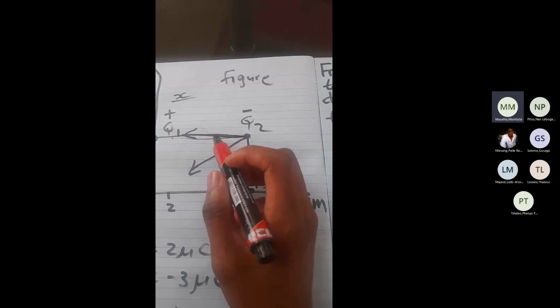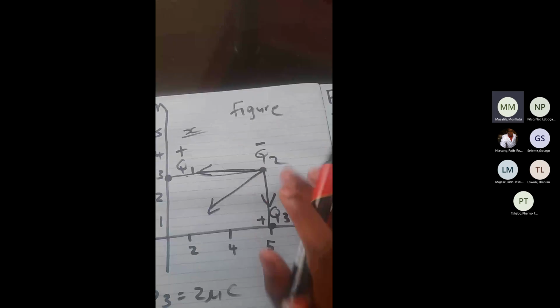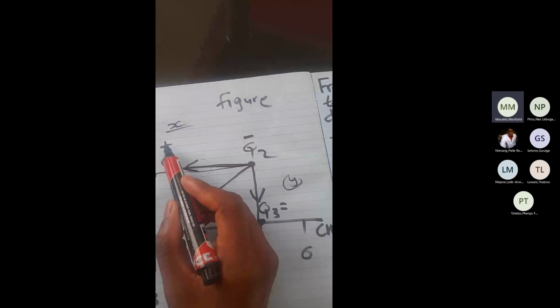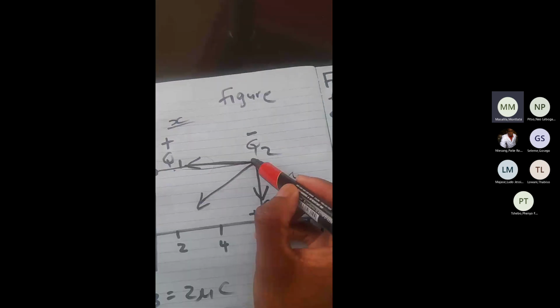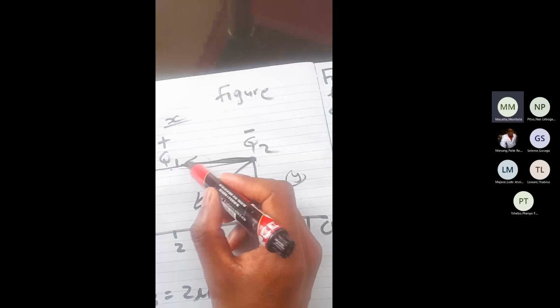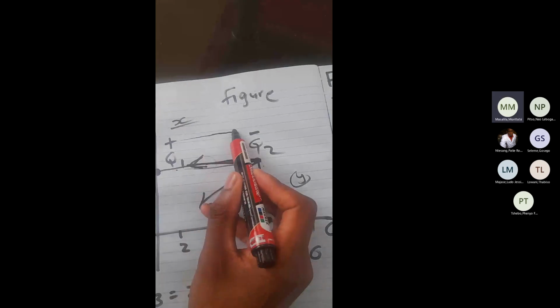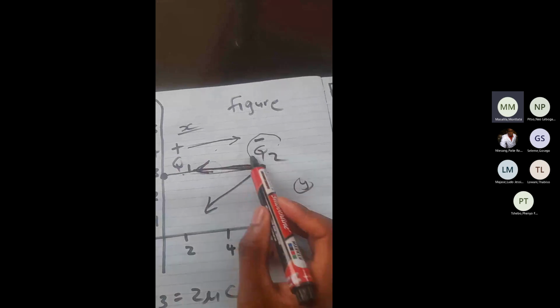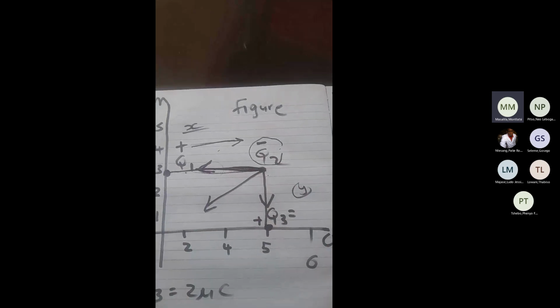I drew this arrow like that because when we have a negative charge and a positive charge, the negative charge attracts a positive charge. I can also draw it like this, but my question demanded me to put this as a center of attraction. That's why it is on the negative charge.